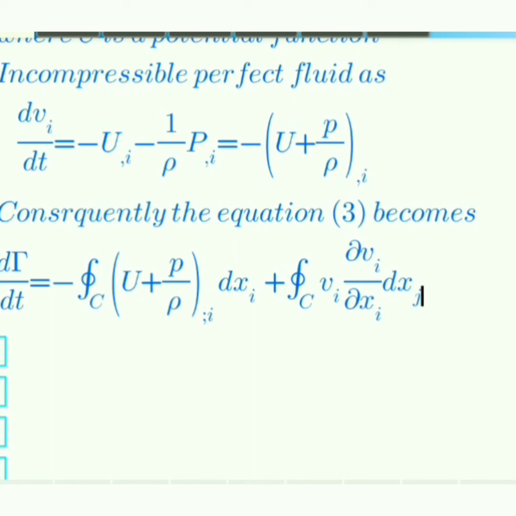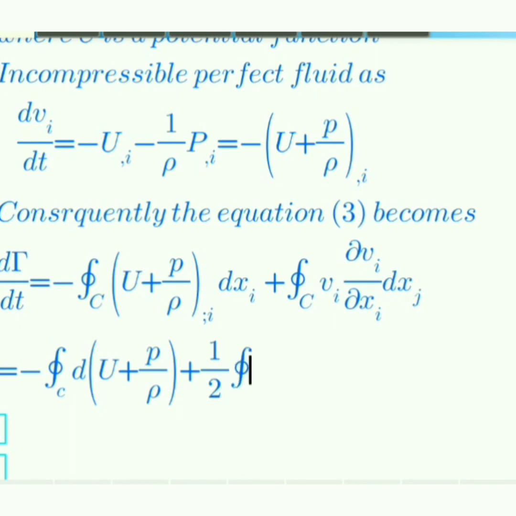This is the total value, friends, and after that whatever we get, comma c, and d capital U plus this value can be written this way, d capital P by rho plus U, 1 by 2 into d vi whole square into dxg, and now dvi whole square.